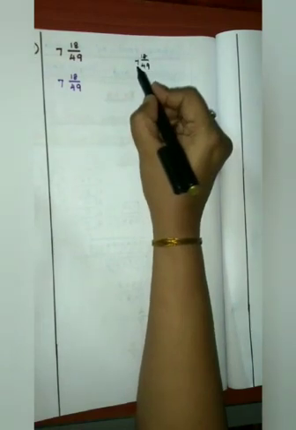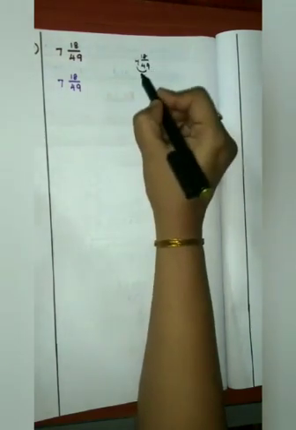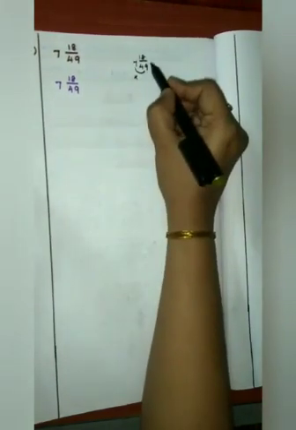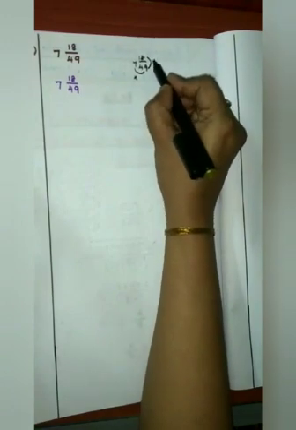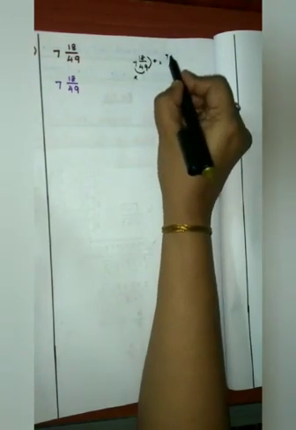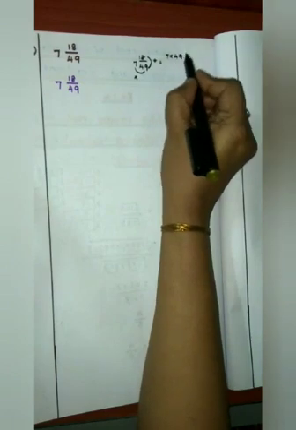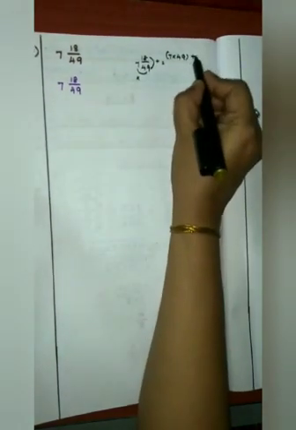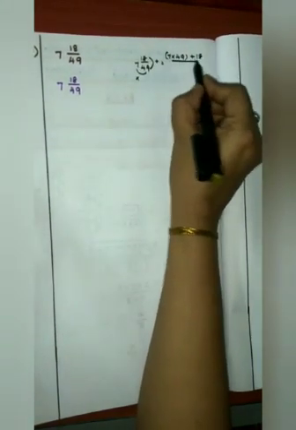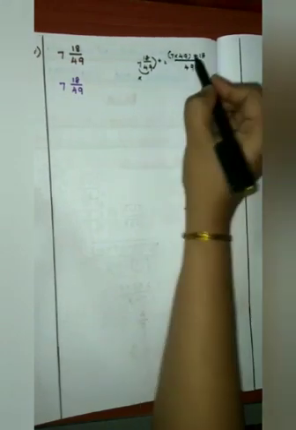You multiply the whole number and the denominator and then add the numerator. 7 into 49 plus 18 by the denominator 49.